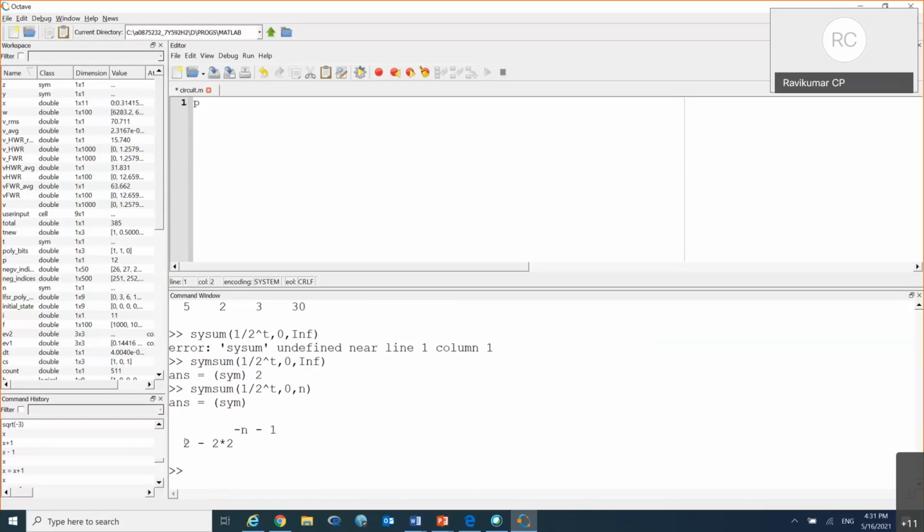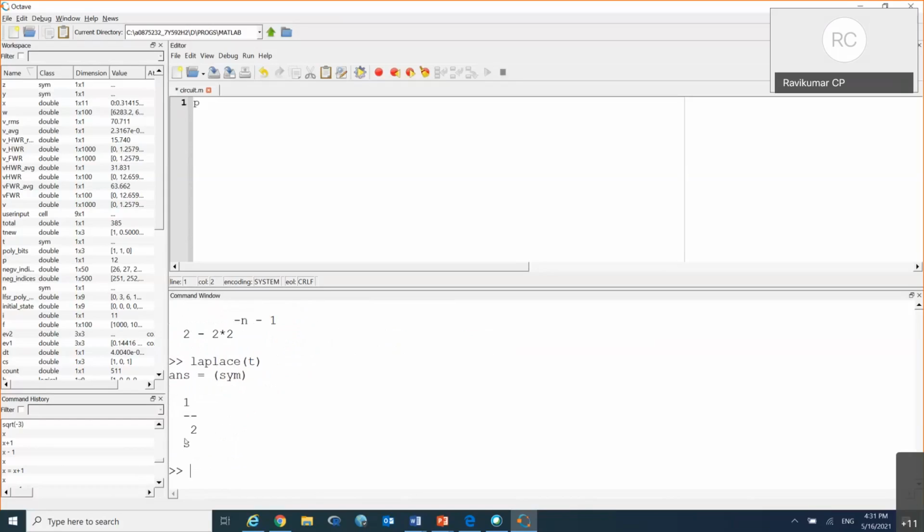You can also do the Laplace transform. If you want u(t), you are supposed to say heaviside t. This is your u(t). So it is the same answer. That means from t equal to 0 only we want, negative values we don't.